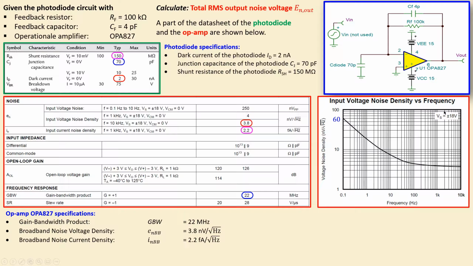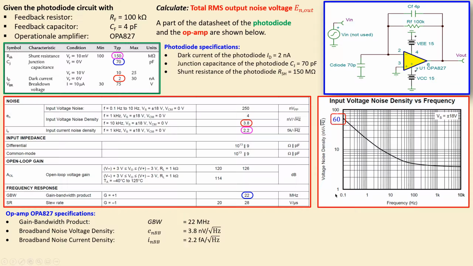What you also see in this plot on the right side is the input noise voltage density versus frequency. This part is the 1/f noise part, and this is the part where we have the broadband noise part. So we have here this part, which is 60 nanovolts per root hertz at 0.1 hertz. It's again that FL, which is the lower band frequency.